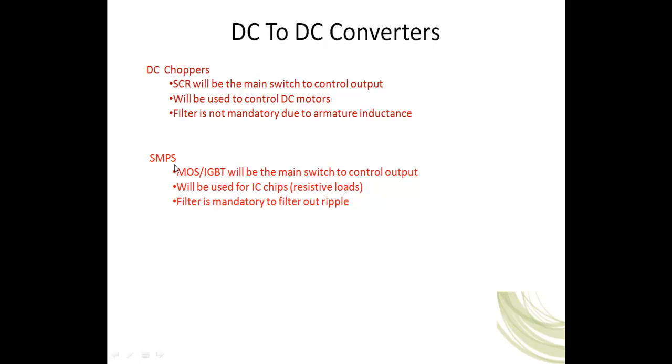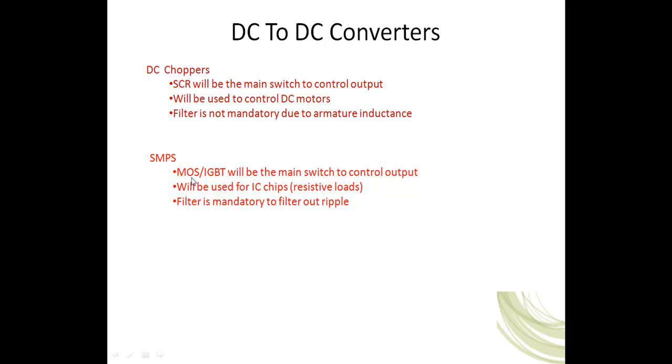But in SMPS, a MOSFET or IGBT is the main switch to control the output. Sometimes we can use a BJT also, but mainly we use a MOSFET. This is a very important point, because SMPS runs at a very high switching frequency to have less ripple, which we will discuss in the subsequent sections.